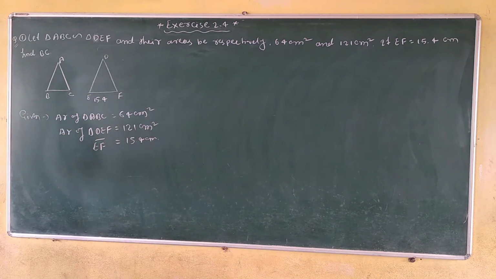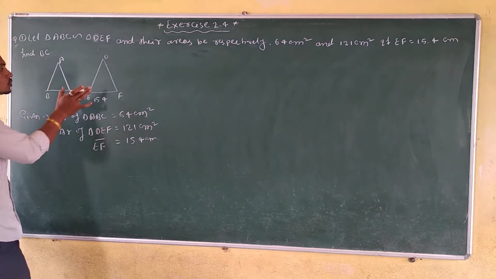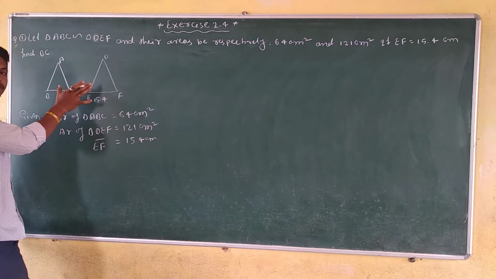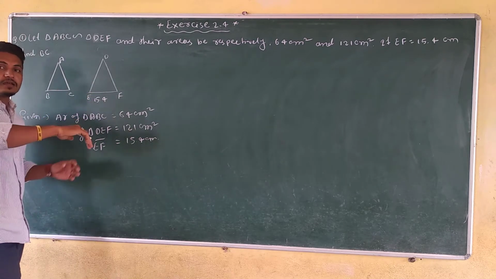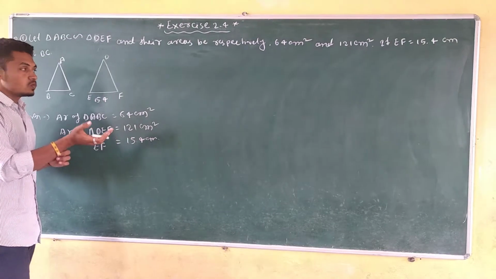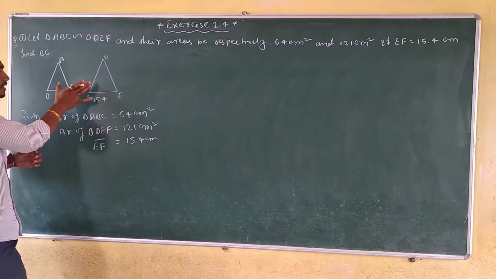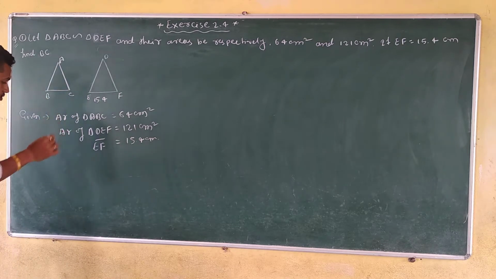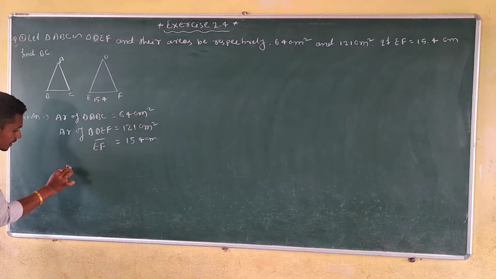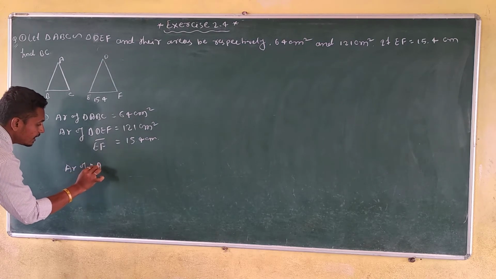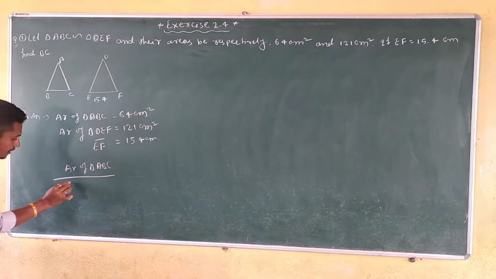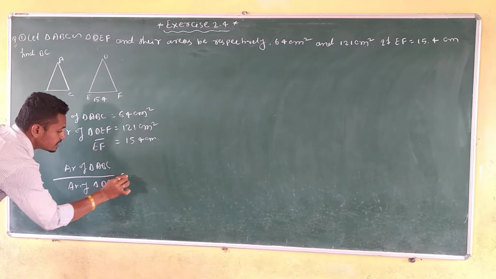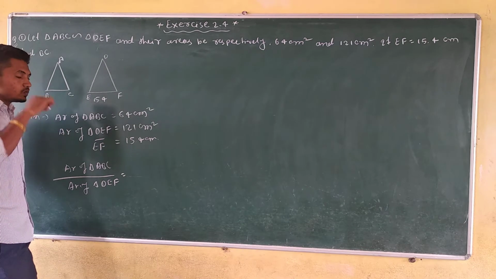In the last class we already studied the theorem. What does it say? If two triangles are similar, then the ratio of their corresponding areas is equal to the ratio of the squares of their corresponding sides. So right here, the area of triangle ABC divided by the area of triangle DEF is equal to the ratio of their corresponding sides.